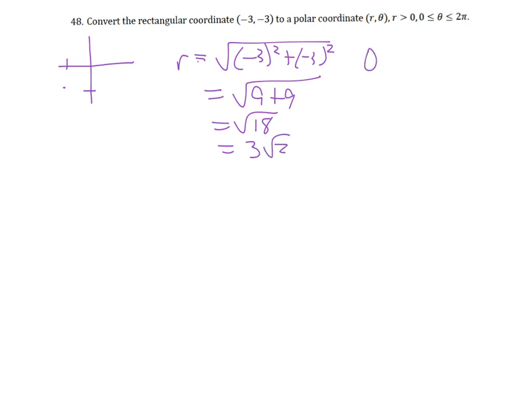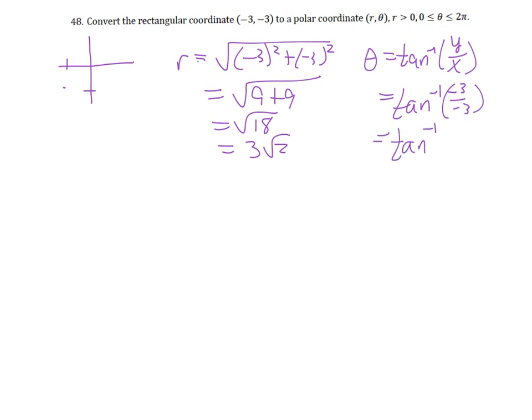Now, theta is the inverse tangent of y over x. So that's the inverse tangent of negative 3 over negative 3, or the inverse tangent of 1. Now, that gives you a reference.